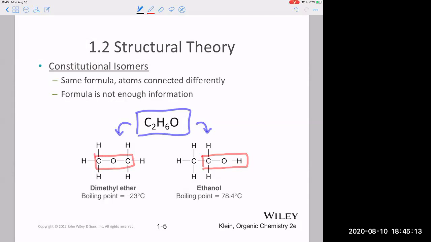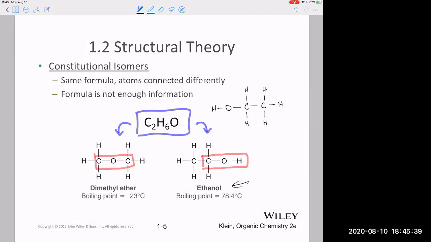One thing I do want to point out is by connectivity of atoms, the spatial placement in the drawing is not important at all. So for example, if I had something like this, this is the exact mirror image of this compound down here.